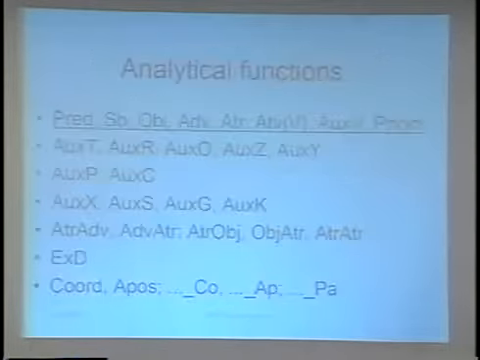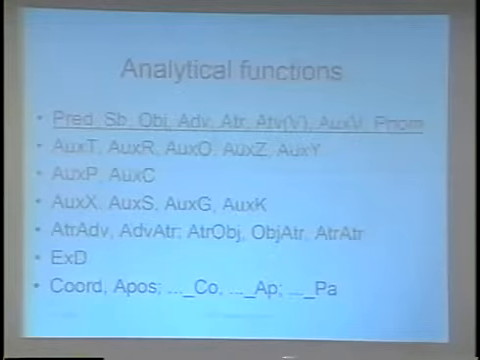As I said, the main functions are just on the first line. We have predicate, subject, object, and we don't distinguish object 1, object 2, everything is just an object. Then we have adverbials, again without really distinguishing time, location, or whatever. That's done later on. Attributes, verbal attributes, and nominal predicates.